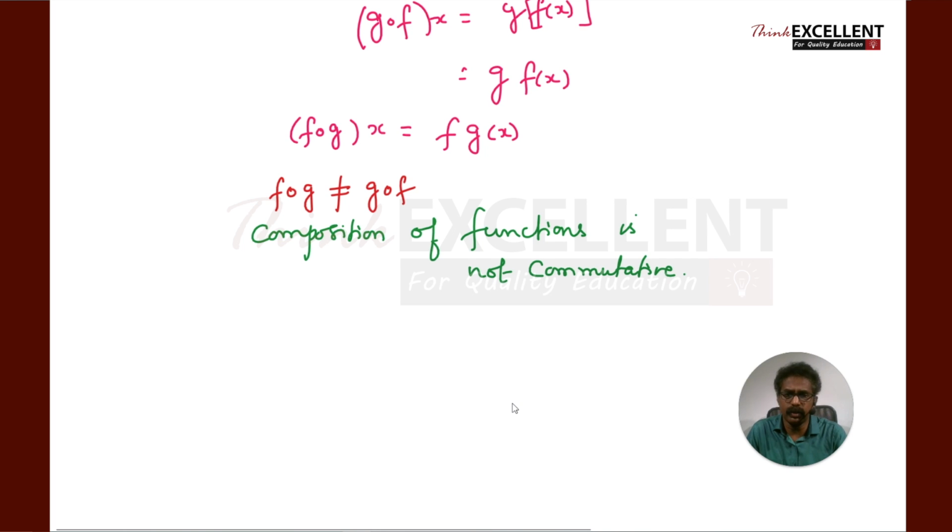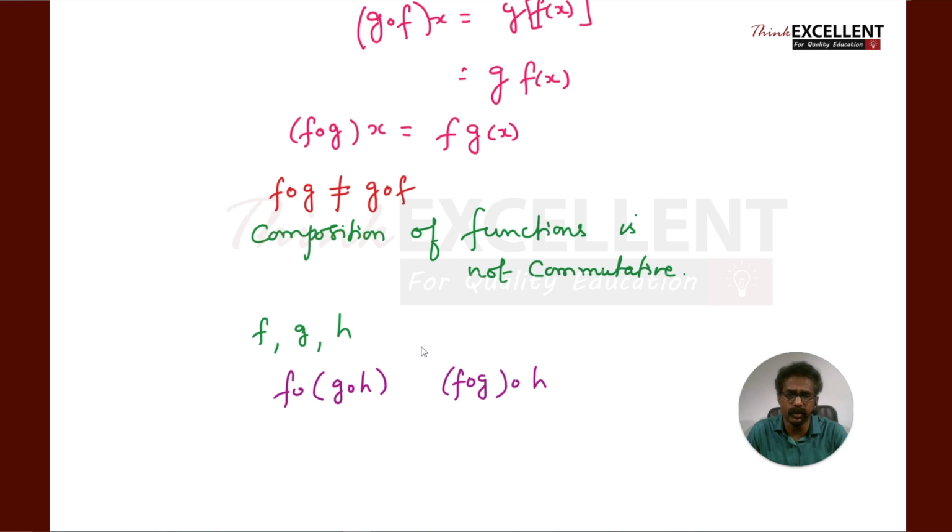Then later we are going to study sums. Composition of functions is associative. What's the meaning of associative? Grouping, right? We need three functions. For example, we have three functions, f, g, and h. Then you find f composition (g composition h), and (f composition g) composition h. So you can understand the difference in grouping.